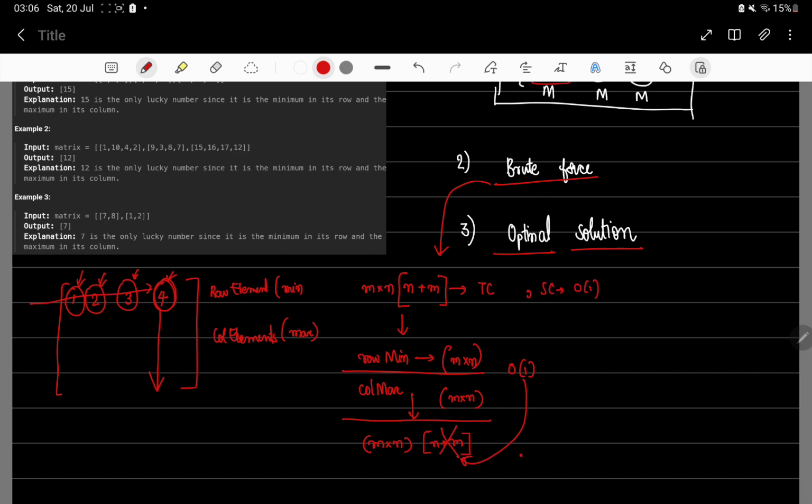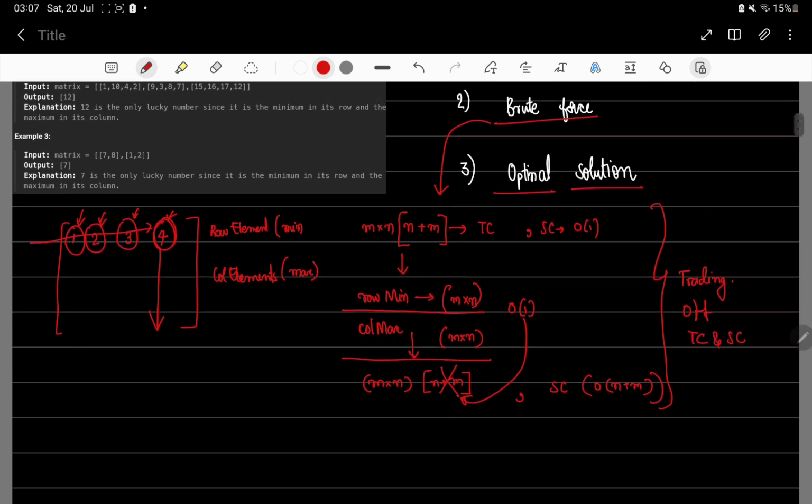Over here the space complexity becomes O of n plus m, because we have two vectors, one with length n, the other with length m. So we are just trading off TC and SC over here.